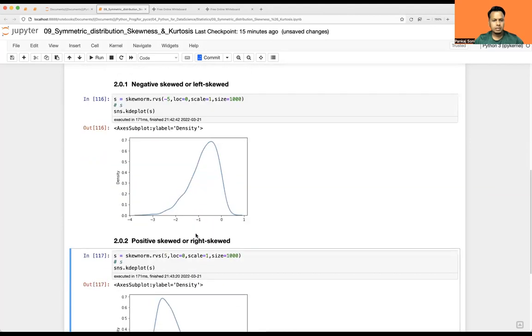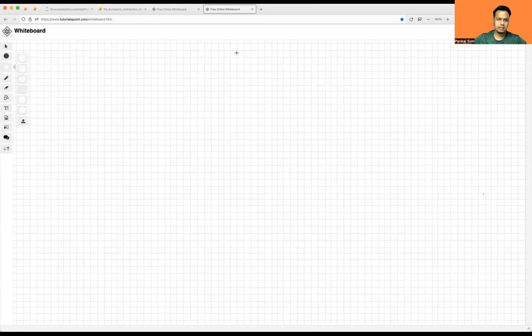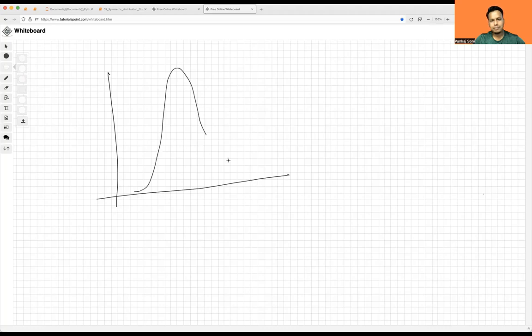so that's about this. Now let's talk about another parameter called kurtosis. What is kurtosis? Kurtosis is nothing but the peakedness of the data, whatever peak you see. This is called kurtosis.